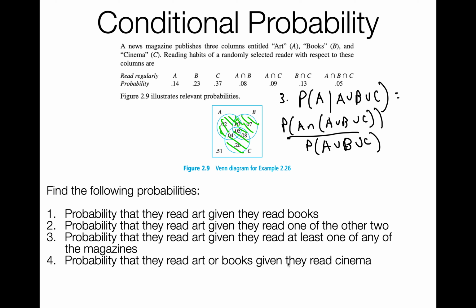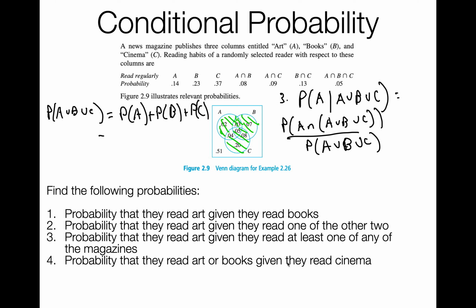Okay, and I'll write it over here. The probability of A or B or C is that you add the singular ones, then you subtract away.